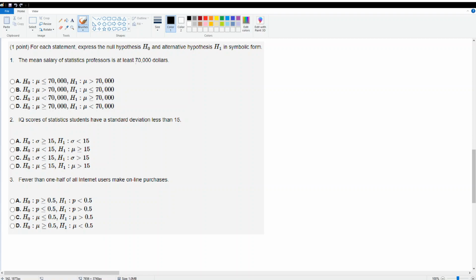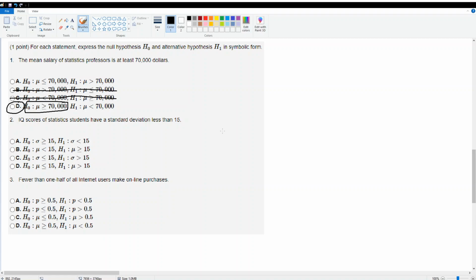Now, we know that the null hypothesis has to have the equal sign, so these two are immediately out. And it says at least. So at least means greater than or equal to. Therefore, this is our one. And so we have option D.